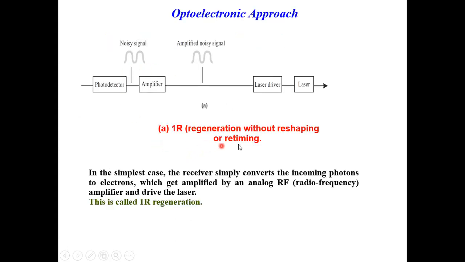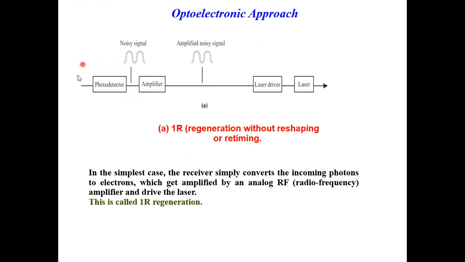We have already seen this yesterday in the optoelectronic approach. The first one is regeneration, that is 1R. Here, the current optical signal we first converted back to an electrical signal using a photodetector. We amplified it, and then gave it to another laser operating at the desired wavelength. The incoming signal was at a different wavelength, and I wanted to convert that wavelength.